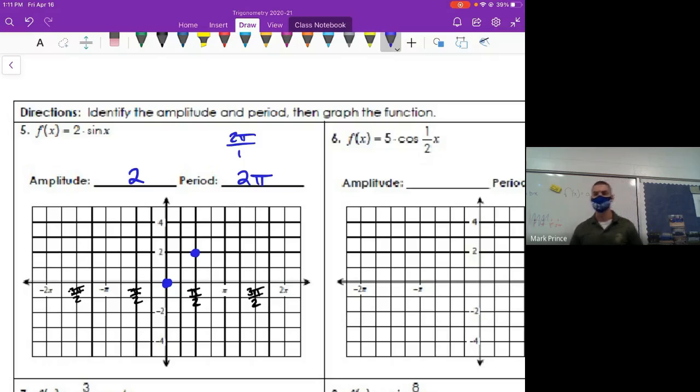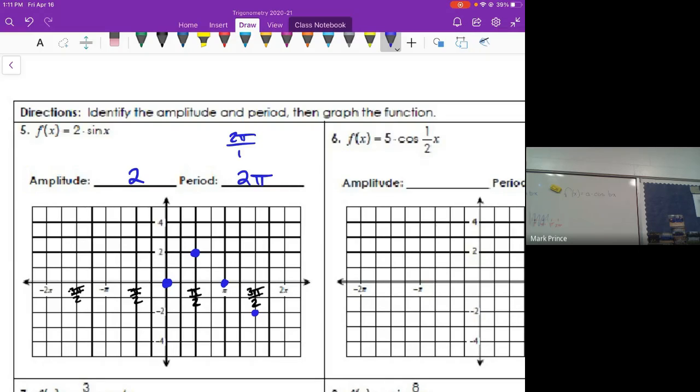All right, and then if you look at Desmos, it crosses the x-axis at pi. And then we hit the amplitude again at 3 pi over 2. My amplitude is at -2. Once you get this first curve, you can see where it starts to repeat.